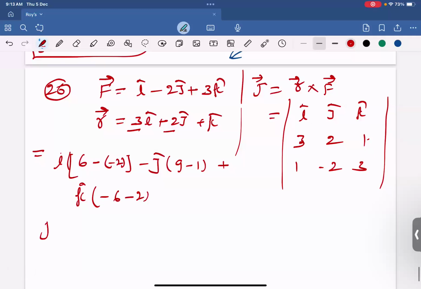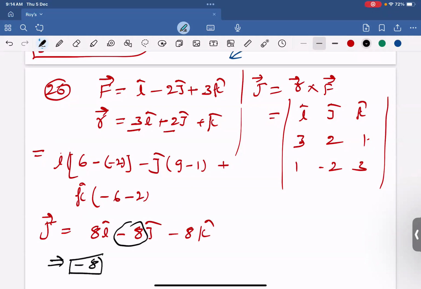So it means that torque vector is 6 minus minus plus 8 i cap, 9 minus 1, 8 minus 8 j cap, and this is -6 -2 is -8 k cap. So they are asking only j component. J component here is -8. So my answer is -8 in this problem. Understood? Yes, sir.